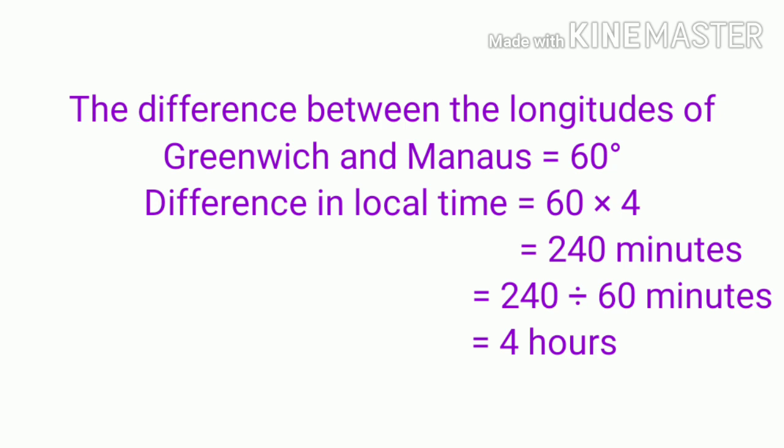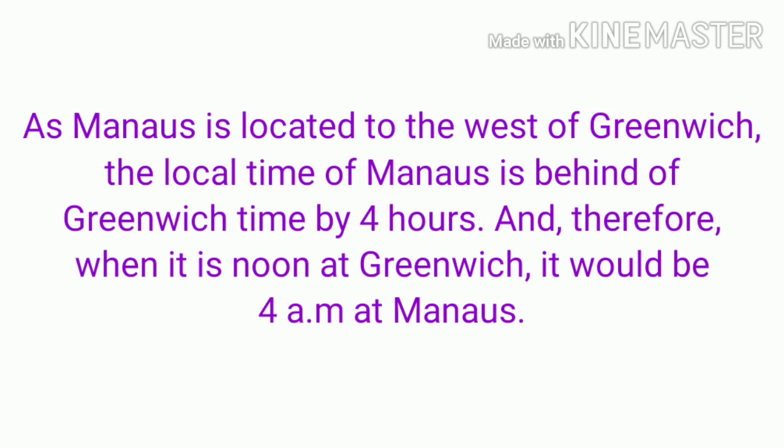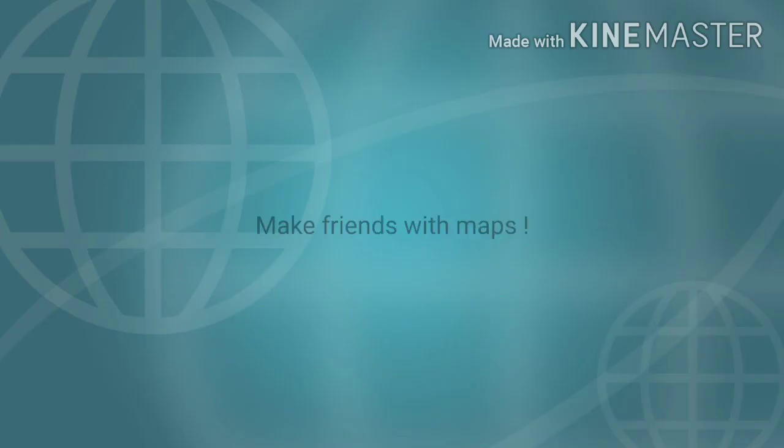Now 240 divided by 60 minutes is equal to 4 hours. So as Manaus is located to the west of Greenwich, the local time of Manaus is behind Greenwich time by 4 hours, and therefore when it is noon at Greenwich, it would be 4 AM at Manaus.